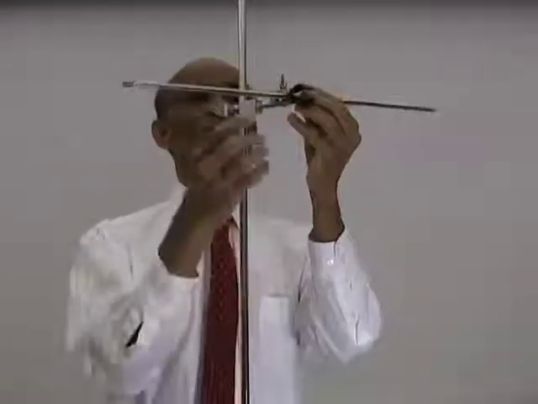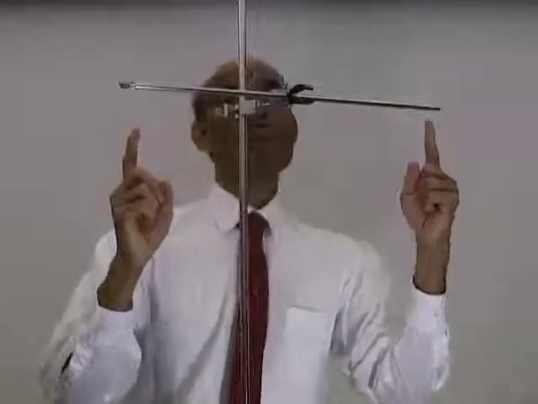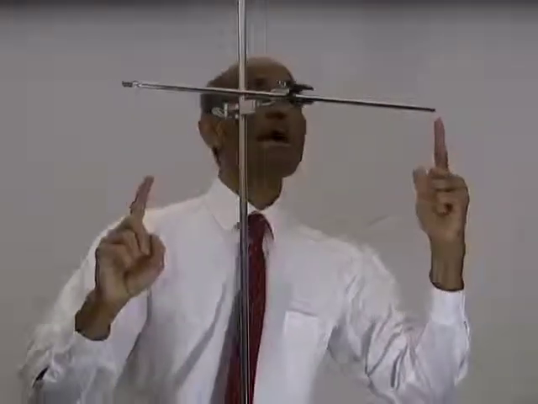Well, tell me, will an object remain in equilibrium if the sum of all the forces acting on it is 0? Well, now look at this rod. I'm going to apply a force upward on my left.